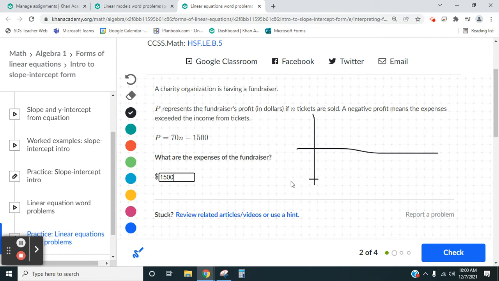So you already start with negative $1,500. Those are your expenses. And then every ticket you sell for how much money? Can you tell from the equation? You sell each ticket for $70, and then eventually you break even, right? And then everything after that that's profit right here. Profit is everything after the break even.